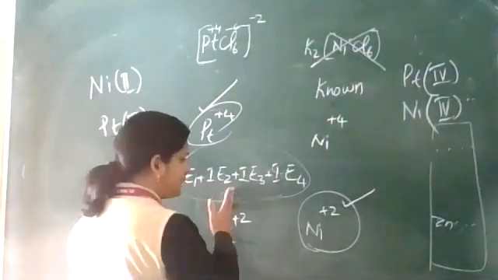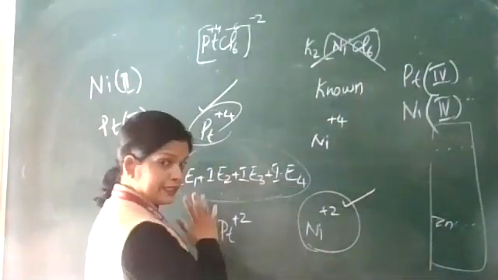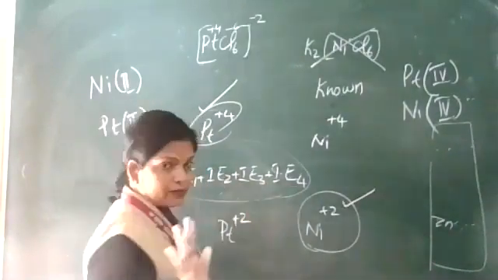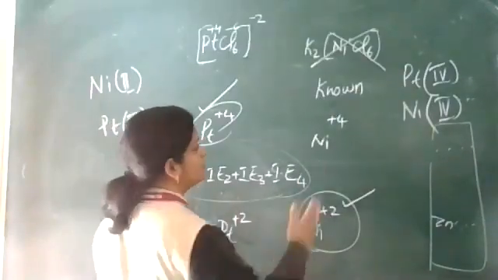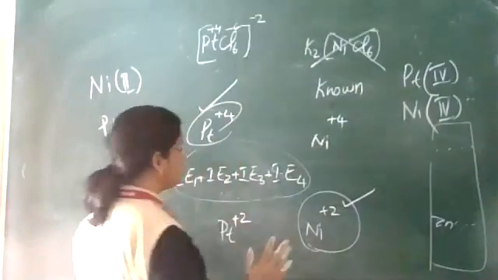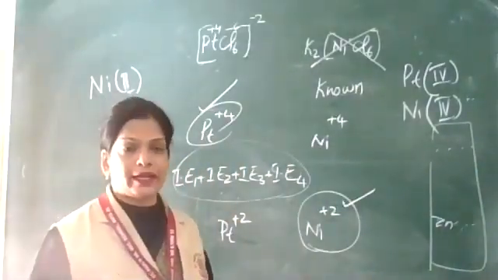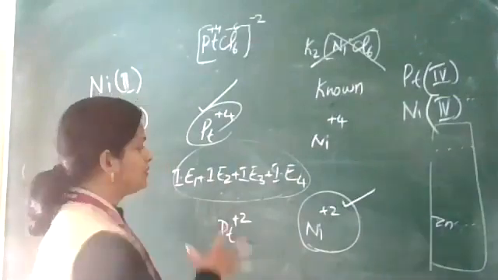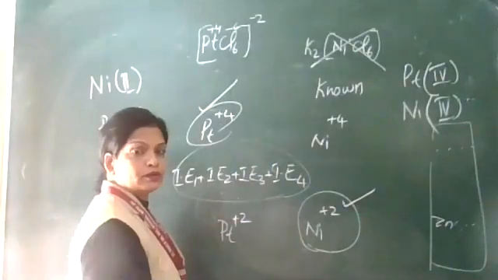So we have to write IE1 plus IE2 plus IE3 plus IE4. You have to calculate simply, using the right values according to the question. For platinum this will be less, for nickel it will be more.